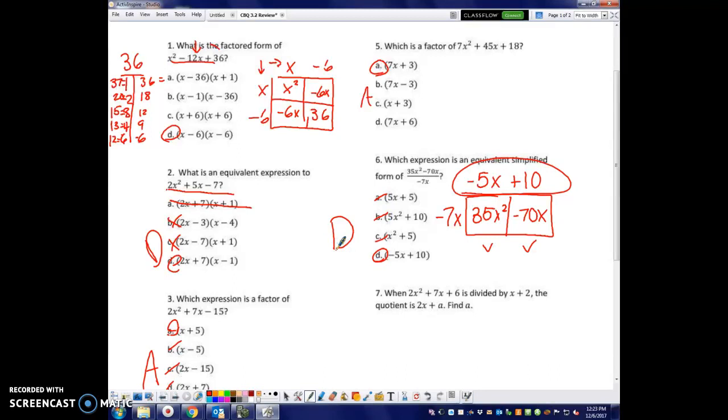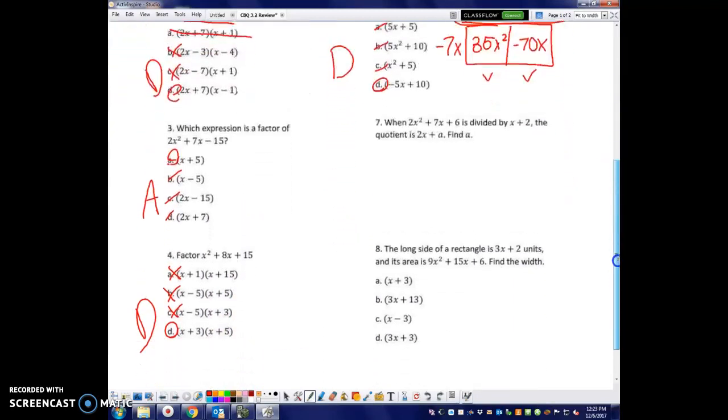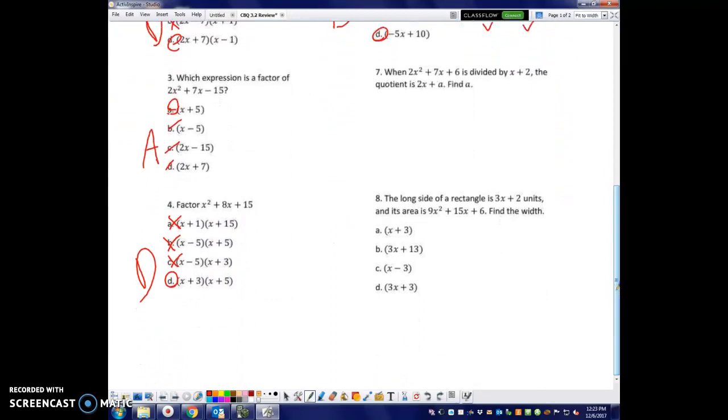Now, number 7. When 2x squared plus 7x plus 6 is divided by x plus 2, the quotient is 2x plus a. Find a. So we're dividing by two terms, so it's going to be a 2 by 2. Remember, this box is that 2x squared, and in this box is that 6.